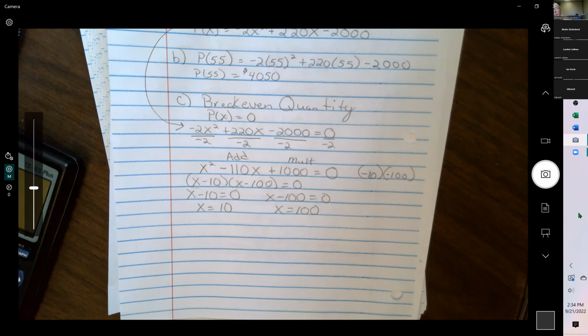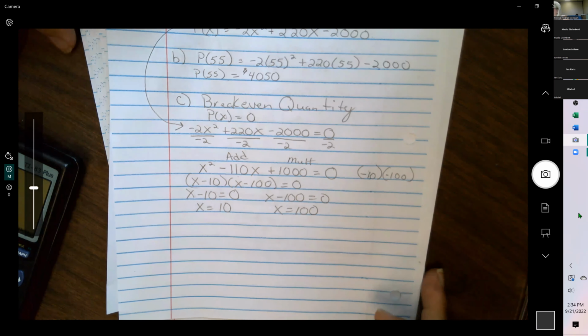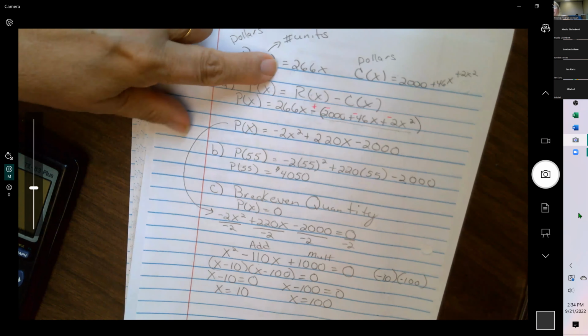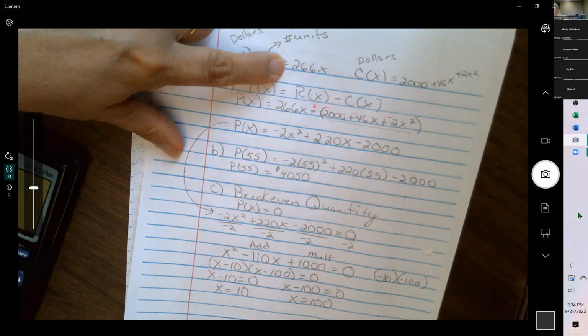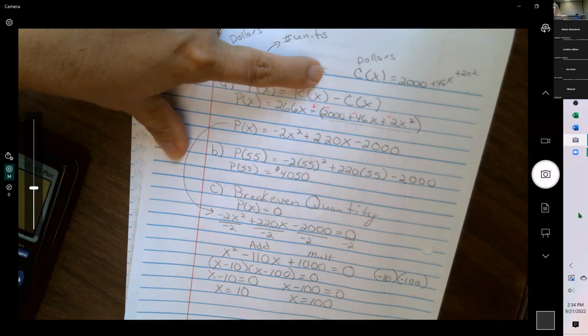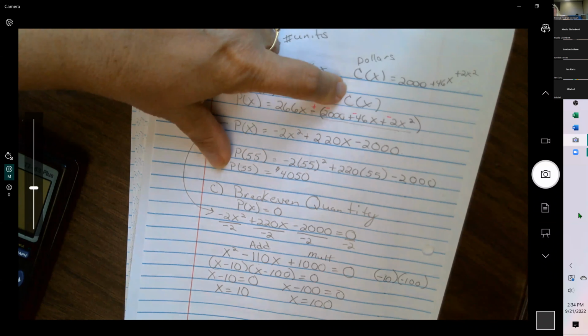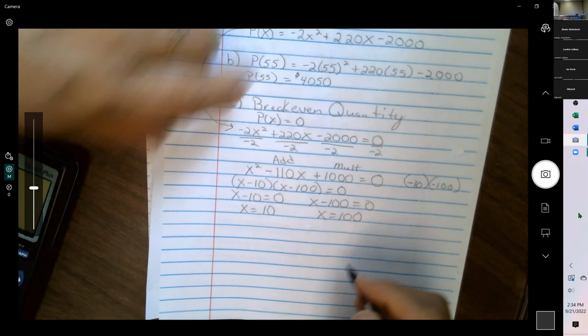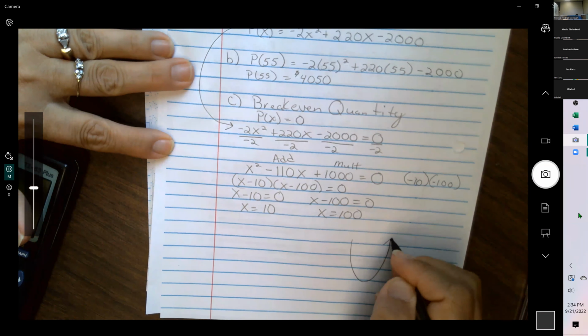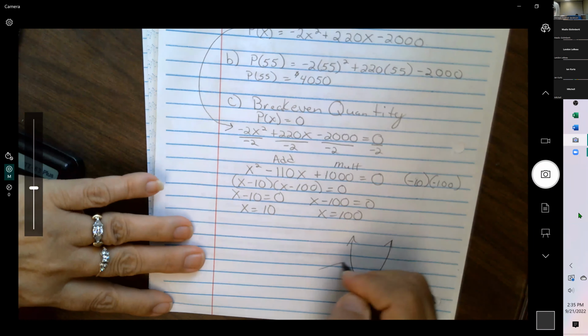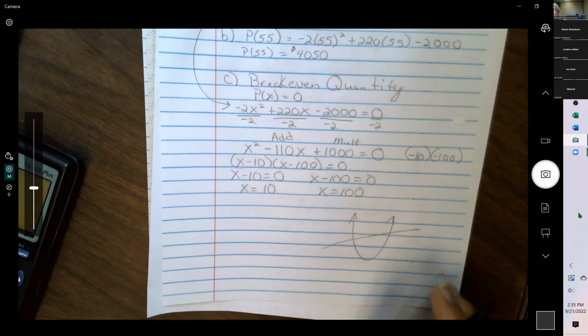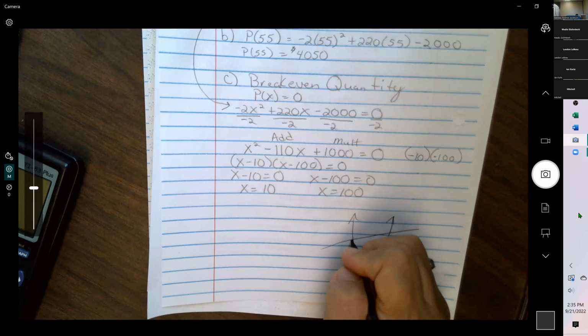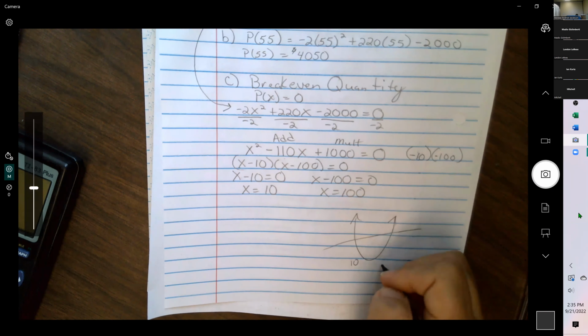Now, what happens if we look at revenue? It's a straight line because it's x to the first, and my cost is a parabola, so it looks like this. And what's happening is we have this intersection at 10 and this one at 100.